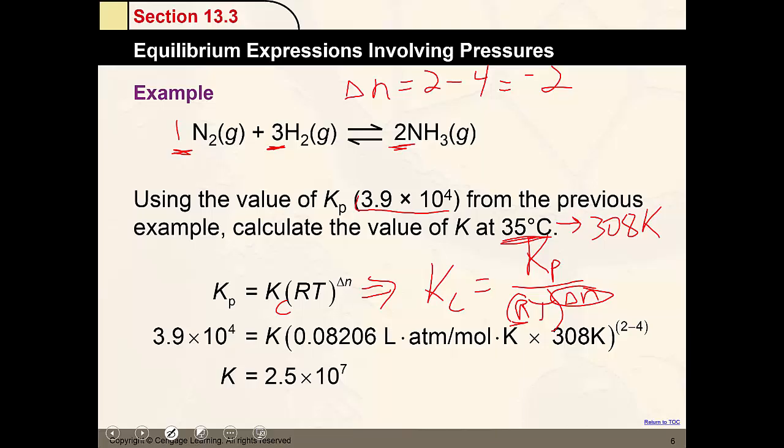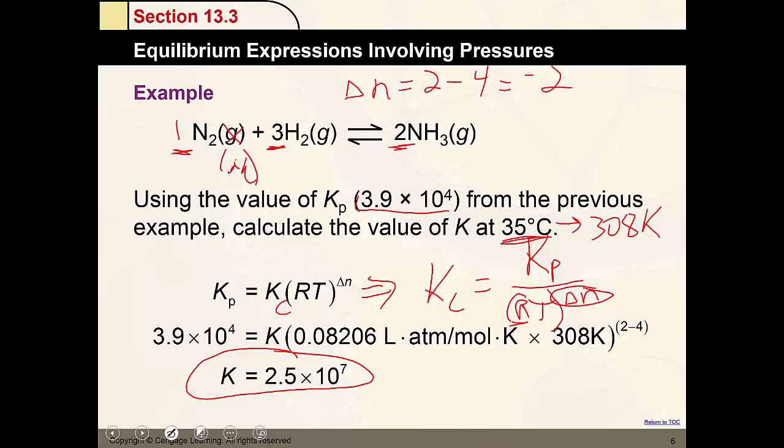And keep in mind, if for N2, for example, this was aqueous, that means the number of moles of gaseous reactants would be 3. So you're only taking into account the moles of gases, whether they're products or reactants. So then when you calculate this all out, you get a K, or Kc, value of 2.5 times 10 to the 7th power.